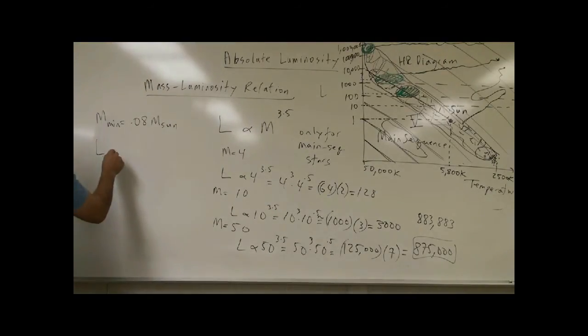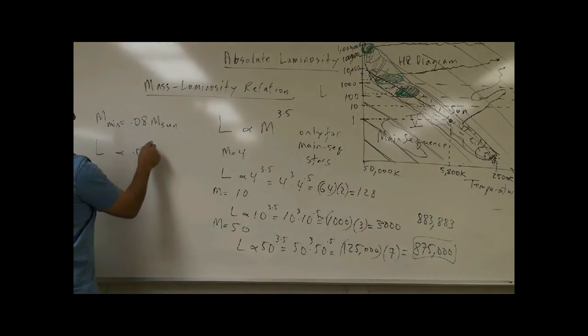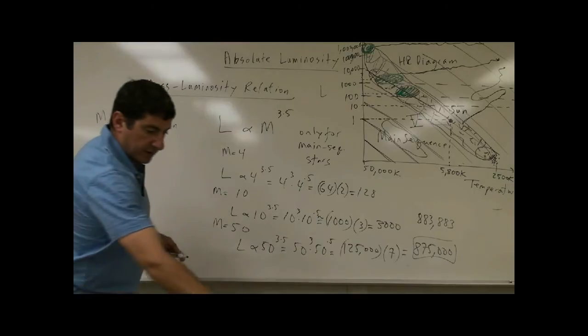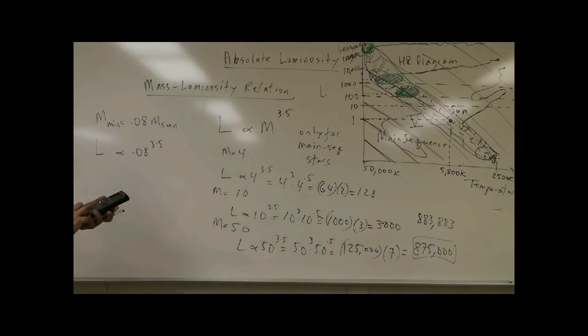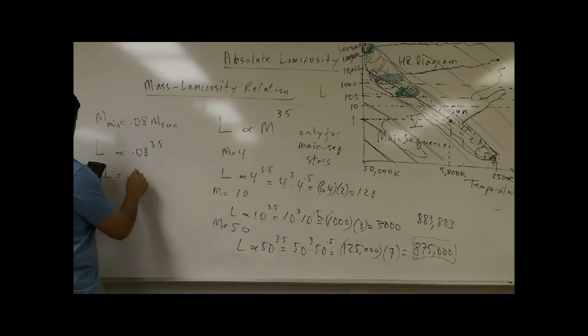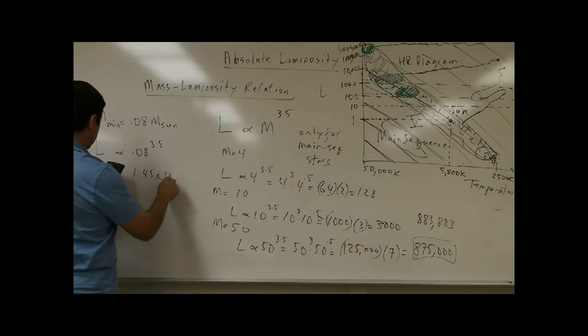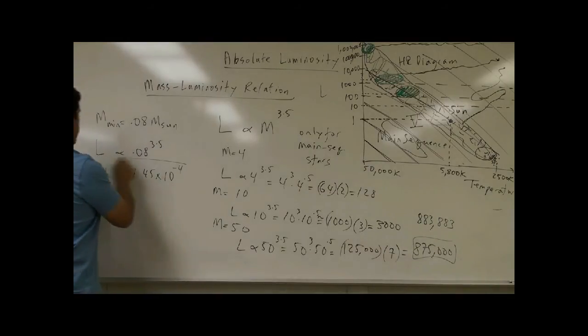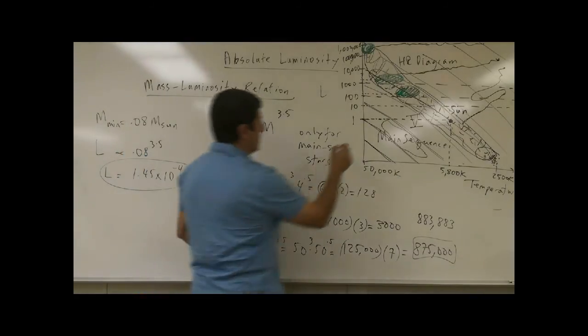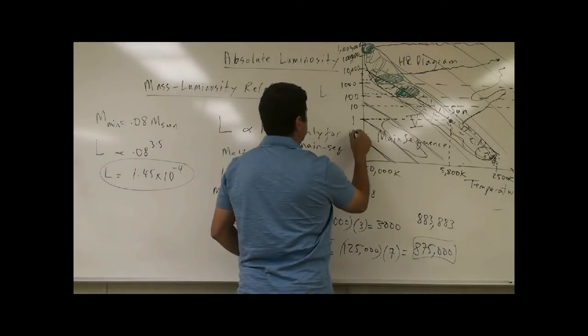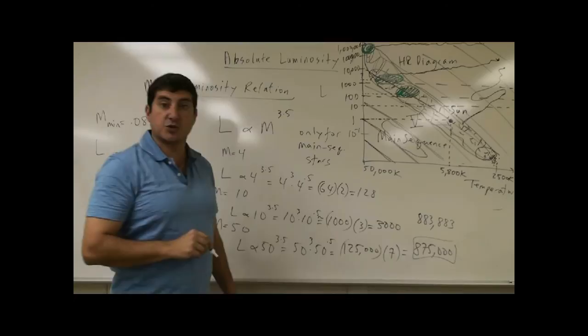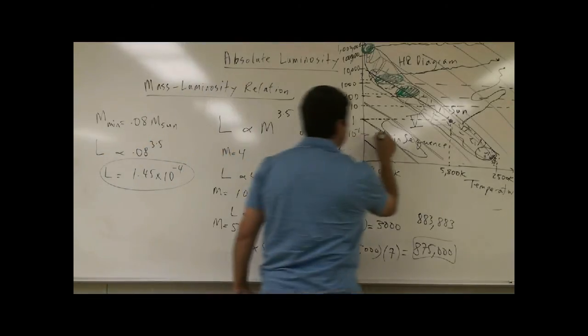So the luminosity would be proportional to 0.08 to the power 3.5. So if you go 0.08 to the power 3.5, you get 1.45 times 10 to the minus 4. So roughly speaking, what we can do is you can say this is 10 to the minus 1. Those are stars 1/10 the brightness of the sun.